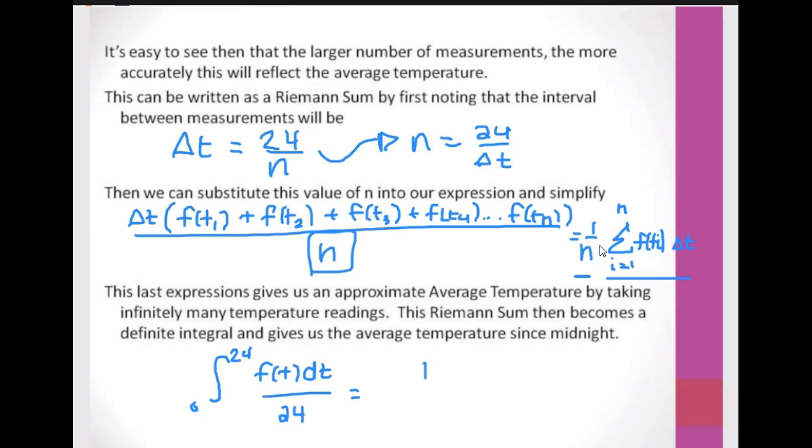Or we know you can factor out a constant, so it's 1 over 24 times the integral from 0 to 24 of f of t dt. And that 1 over 24, we're going to see where that 24 comes from with respect to our problem and our bounds in a second here.